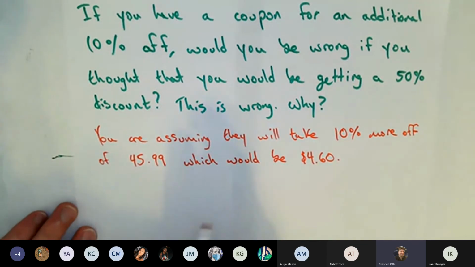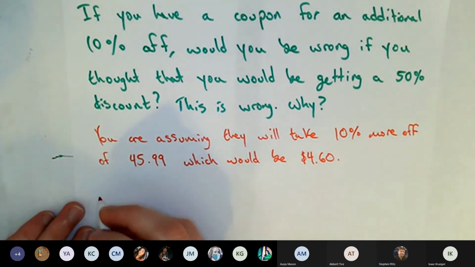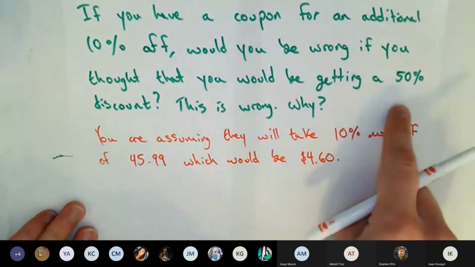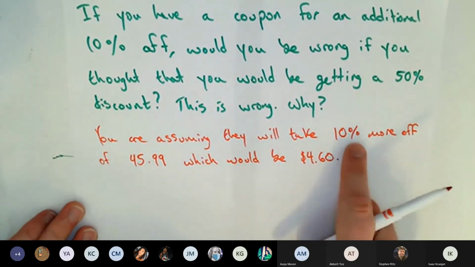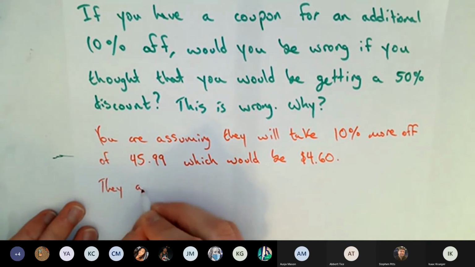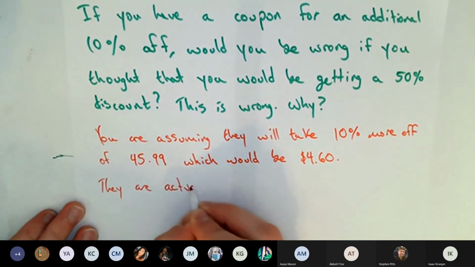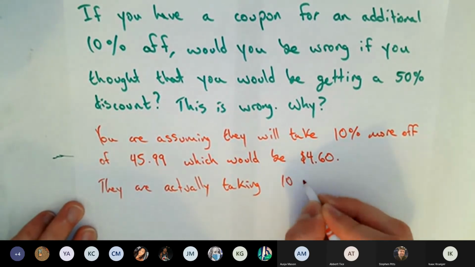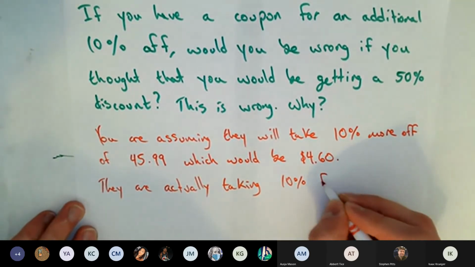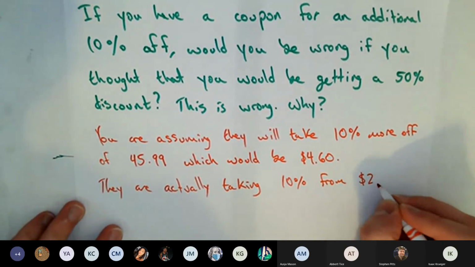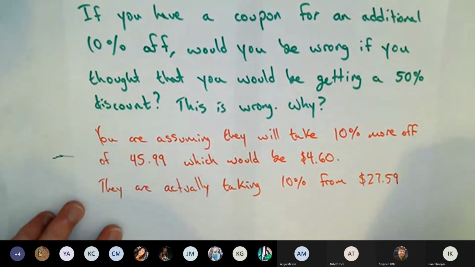Exactly. So what's going on is that in this situation, by adding those discounts together, we're assuming they're taking 10% off the original total, but they are actually taking 10% off that amount we found a second ago, that 27.59.